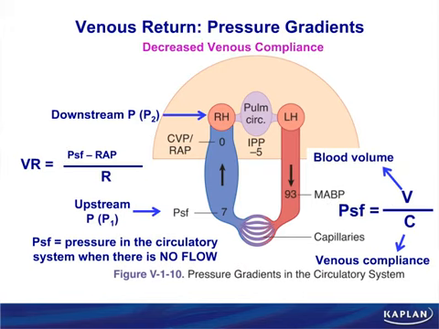All right, now let's just apply, looking at the mathematics of it, a decrease in venous compliance. If venous compliance goes down, and how do I reduce venous compliance? Muscle pump, engaging the muscle pump, more specifically sympathetic venoconstriction. If compliance goes down, then PSF goes up. And once again, if PSF goes up, then that means venous return goes up.